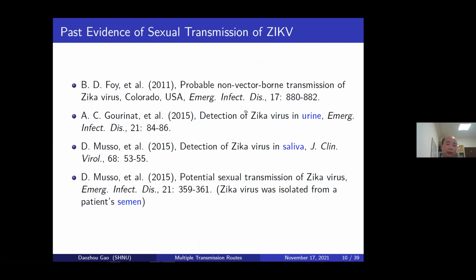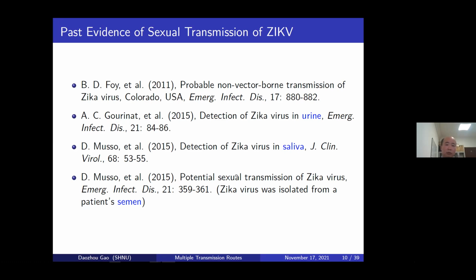Besides the Emerging Infectious Diseases paper, there were also a few weak pieces of evidence supporting the sexual transmission of Zika virus as of January 2016. The virus was detected in urine, saliva, and semen. And a mosquito-borne disease can also be sexually transmitted. That makes Zika unique, right?